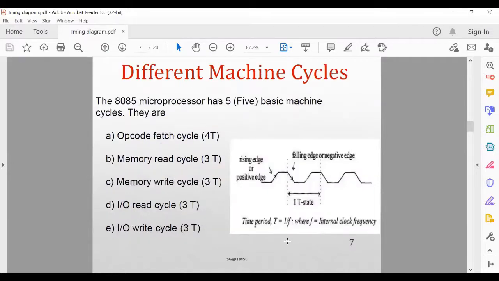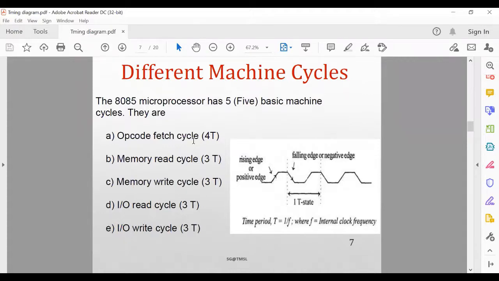For every machine cycle, there are fixed numbers of T states. Now, the opcode fetch machine cycle. Every instruction has some machine cycles, either one, or two, or 6, whatever. The opcode fetch machine cycle will be processed by each instruction first.